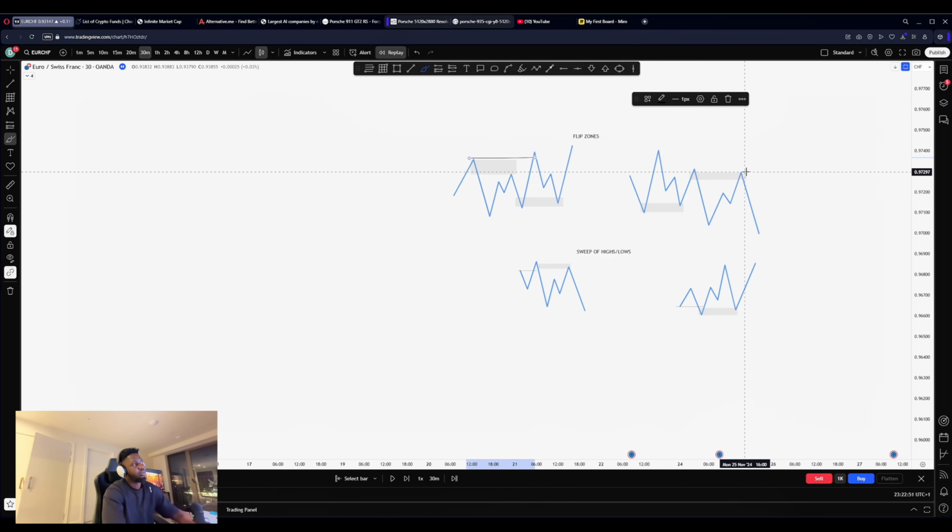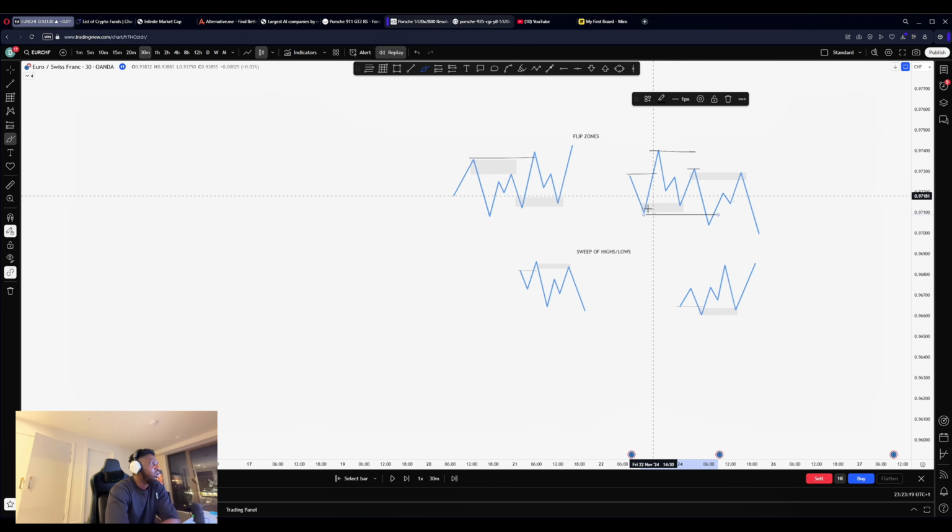This is the demand to supply flip zone. So in this example now, we have a break of market structure that has an order block which was filled, gave a reaction to this high here, but this reaction couldn't break this main high. It couldn't break the main high, then turned around to break the low.